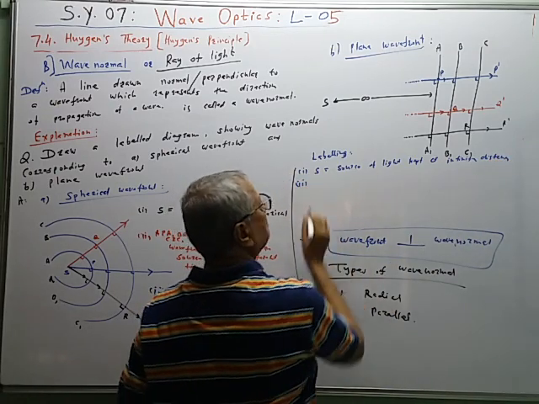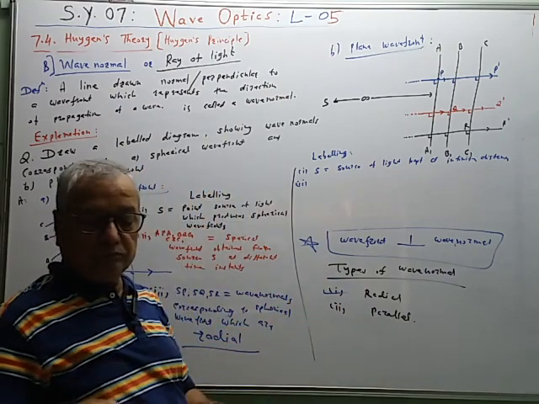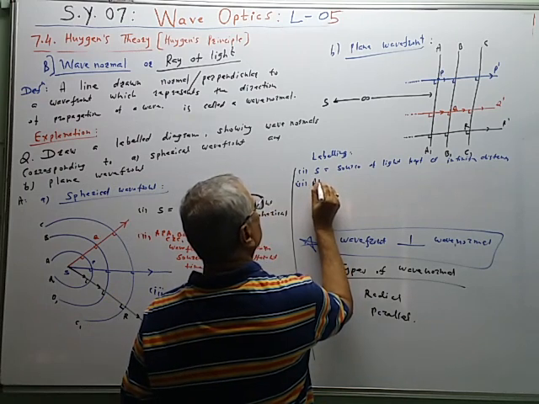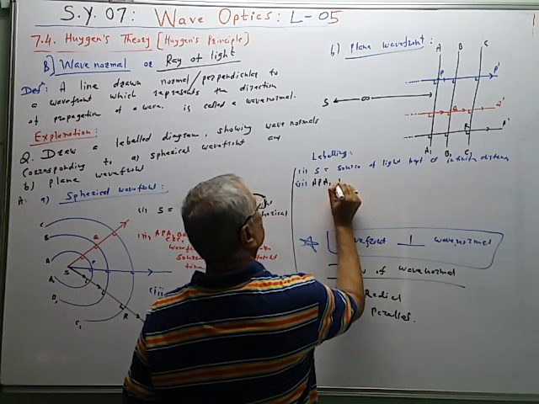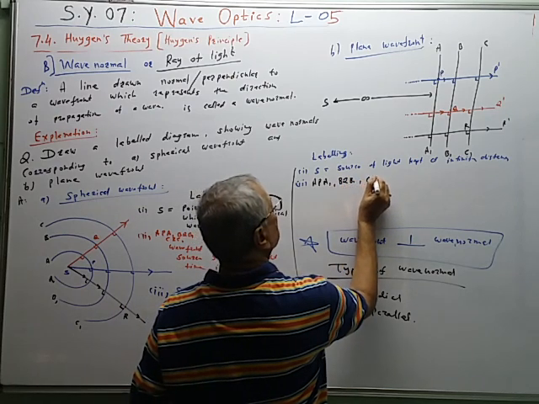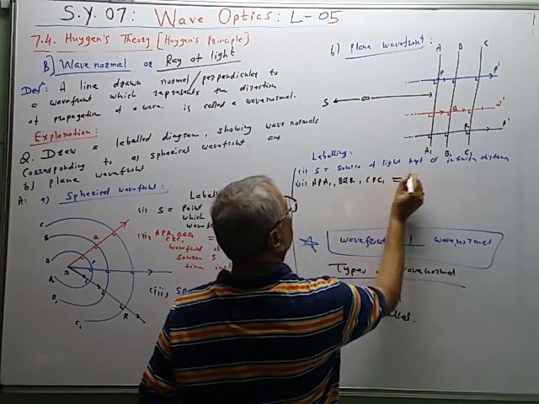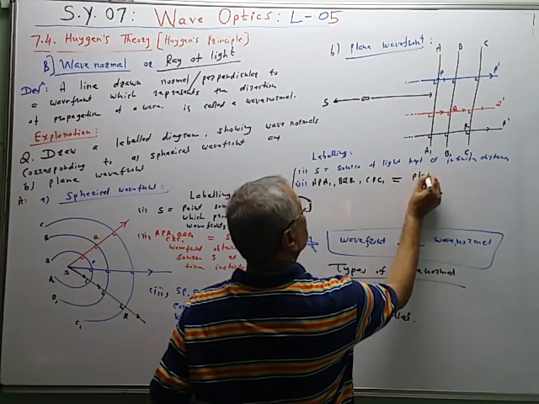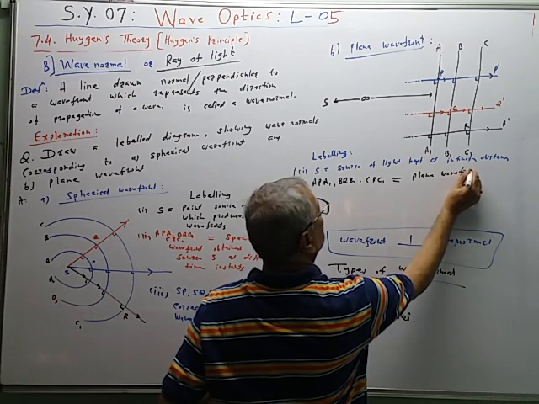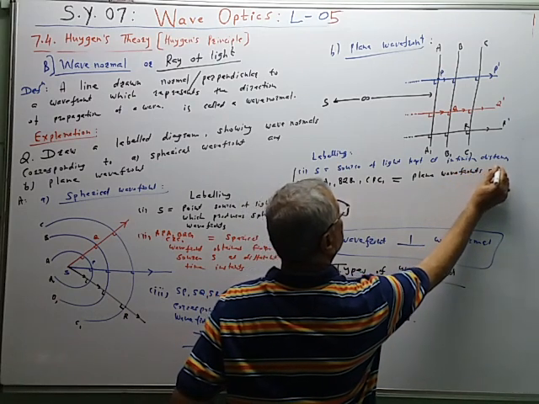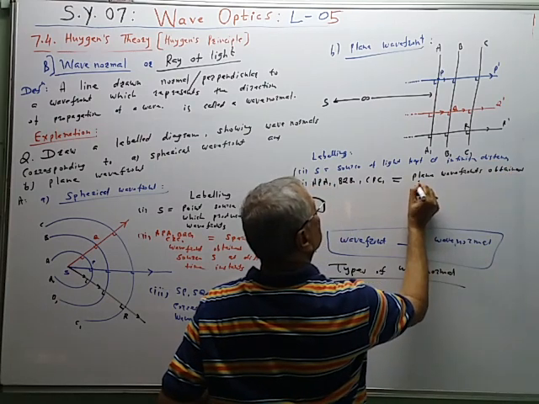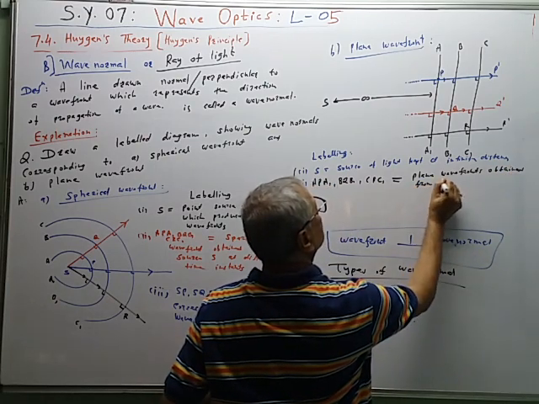Second, AP1, BQ1, CR1 are the plane wavefronts obtained from source S.